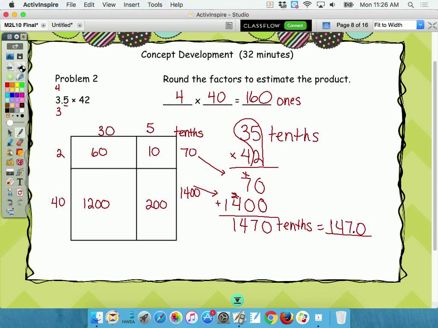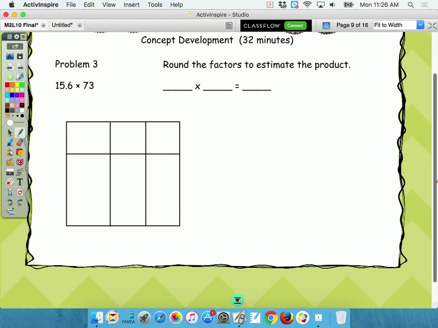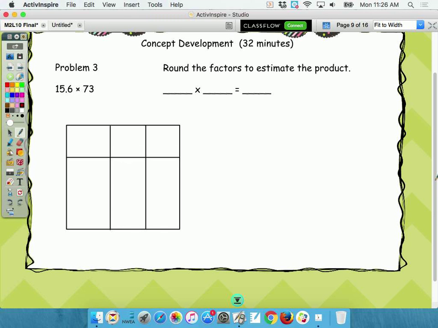Let's do the next one. This one is more difficult than anything you have to do on your exit ticket for some reason. So let's start by deciding what number goes on top of the standard algorithm. So Rustin, what number goes on top of the standard algorithm?